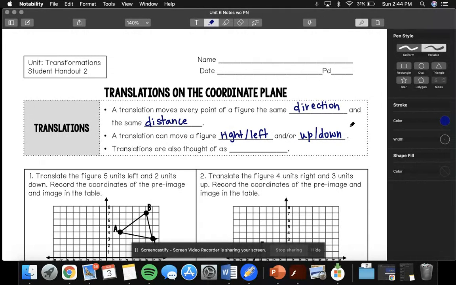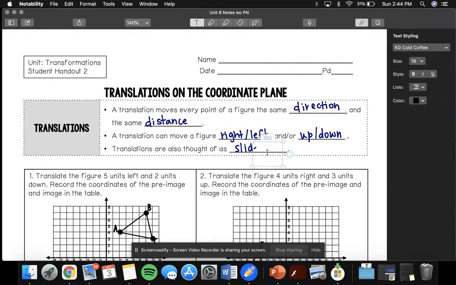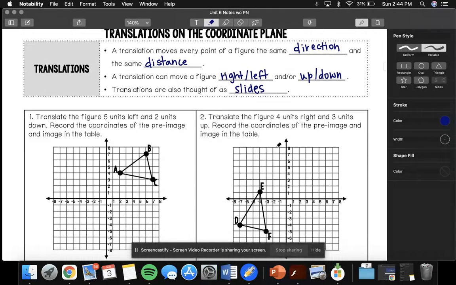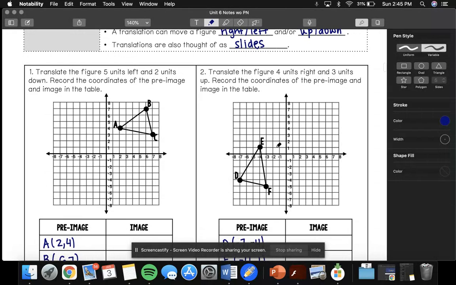Translations are also thought of as slides. So we're just sliding or moving it to transform it. Okay. So first we're just going to slide them and kind of see if we can come up with some rules of how translations work.